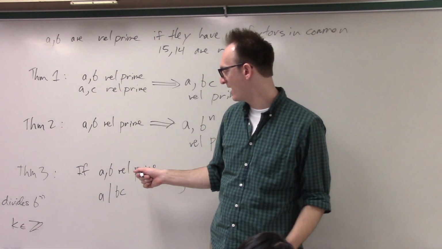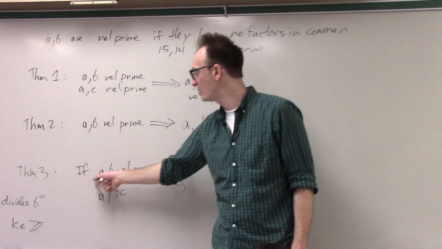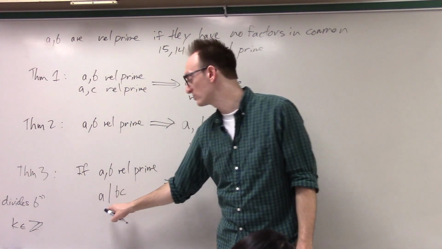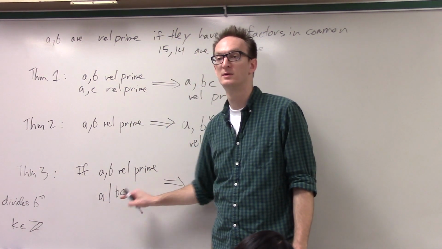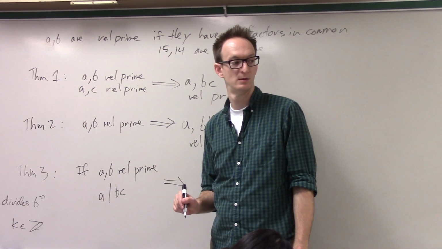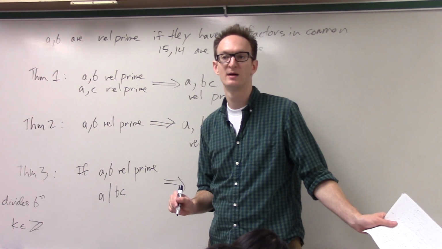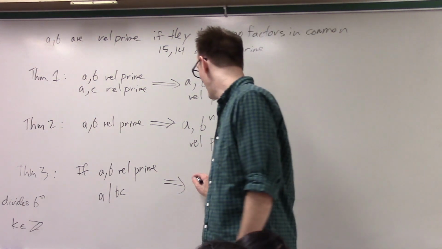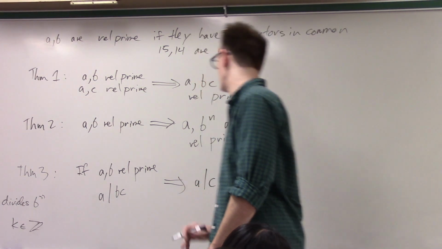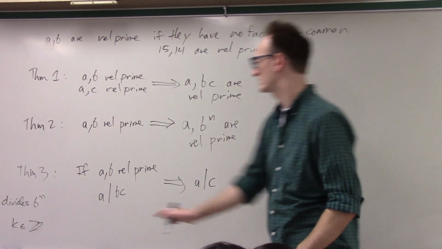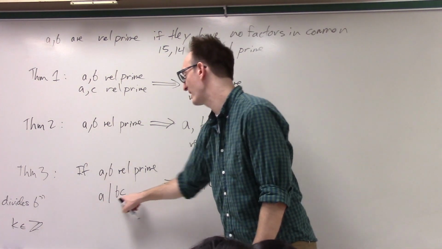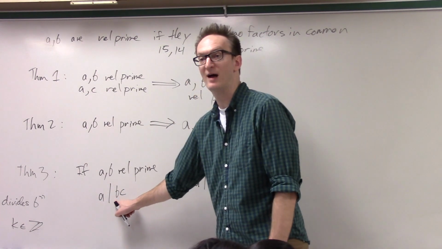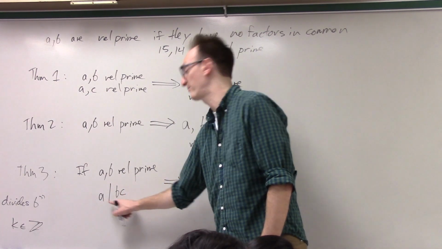If A and B have no factors in common, but A goes evenly into the product of B and C, I think you're saying it backwards, but yeah, then A is a factor of C. Yup. Then A must divide C, right? Just think about it. If A goes into this product, but A and B have no factors in common, then B must not be helping at all with the fact that A goes into C.